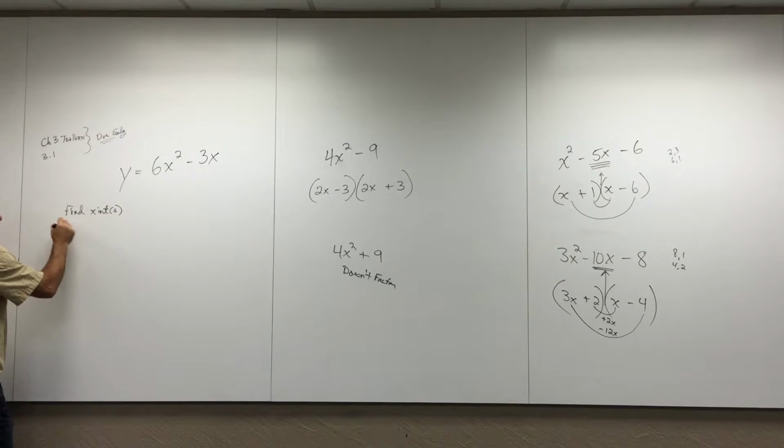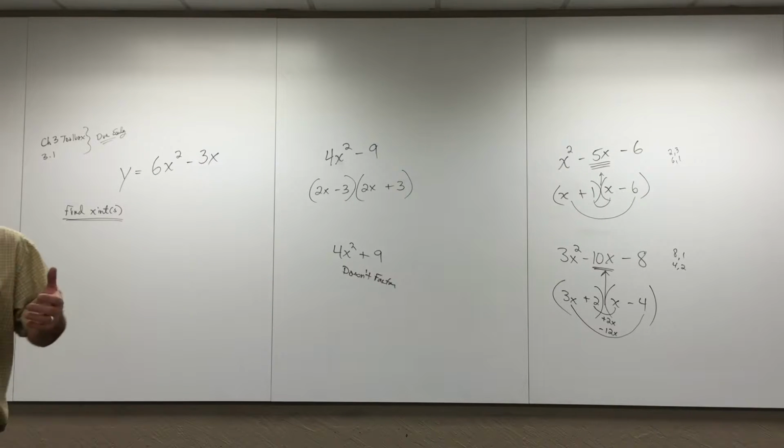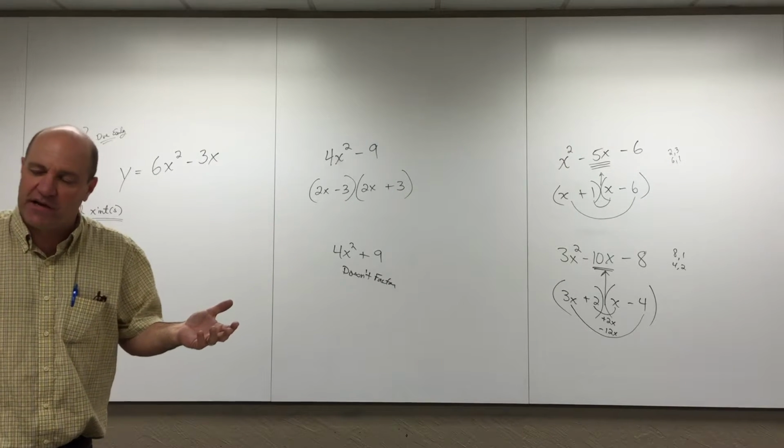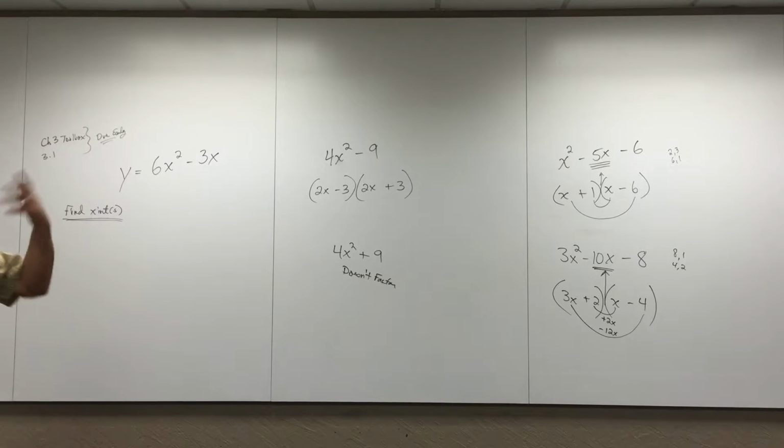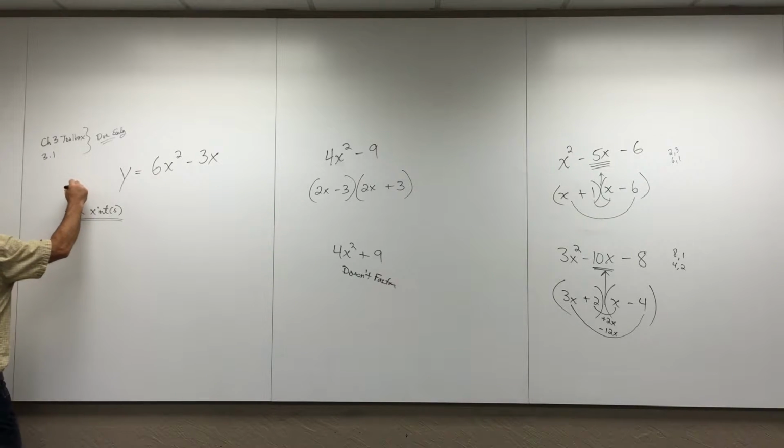I just jumped out of the toolbox. I'm sorry, you guys. I did some factoring in the toolbox, and then I said, why are we doing this factoring in the toolbox? Because if I jump up to 3.2, they finally get me to find some x-intercepts.